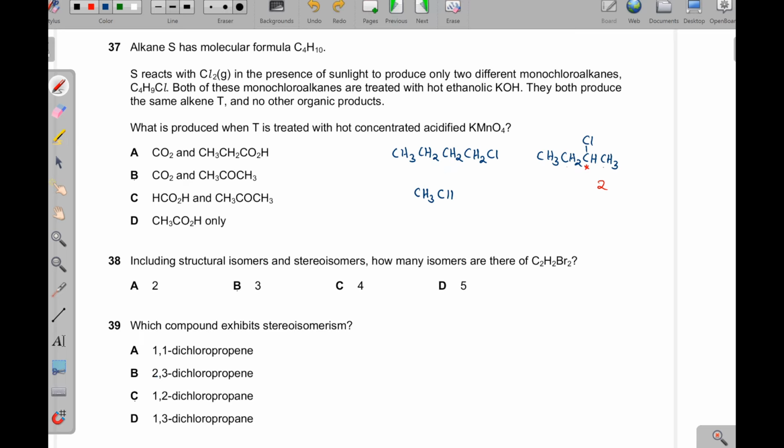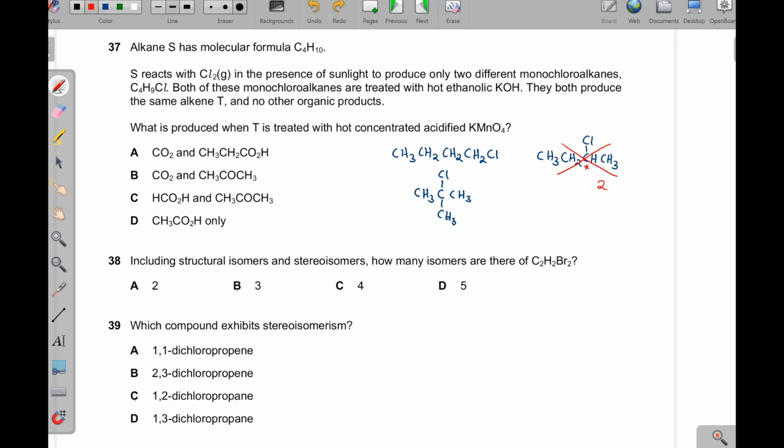In fact, I can take off this hydrogen and say there is a chlorine here. I have 2-chloro-2-methylpropane. You see, hydrogens are 9, and the carbons are 4, then the chlorine. This one here, that is 1.